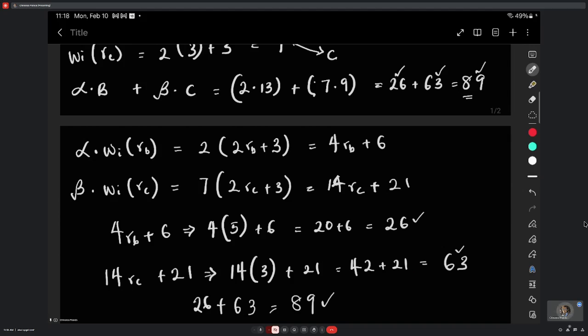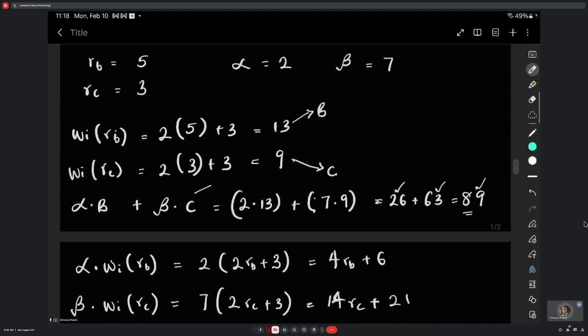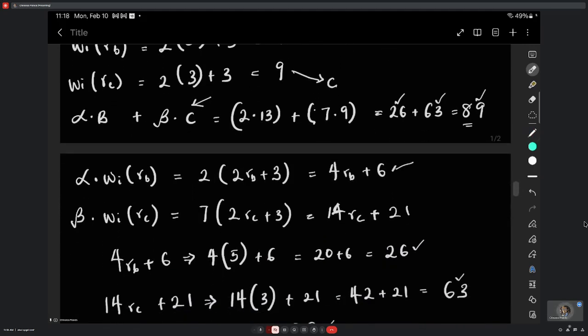Okay, so did this make sense? Yeah. In this case, we're working with the evaluation values, right? But in this other case, we're working with the polynomials, right? But both of them are still the same thing. Does it make sense? Sure.